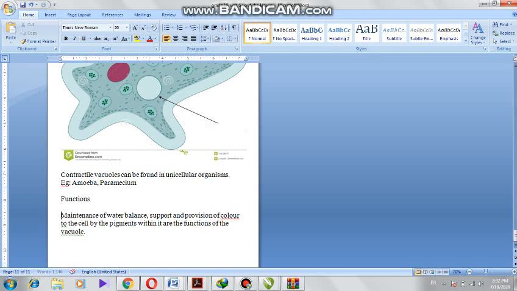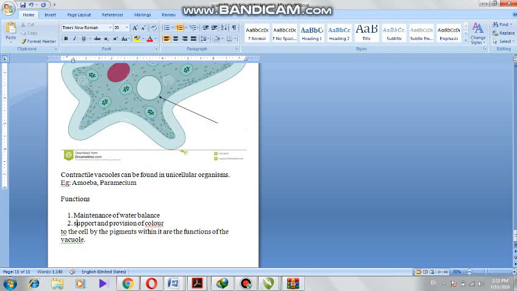Number one, maintenance of the water balance, not allowing the water to increase or decrease more than a limit. Second, support and provision of colors to the cells, okay, by the pigments within it. Only two functions maintained. Giving color, okay, giving color. Another one is water balance.